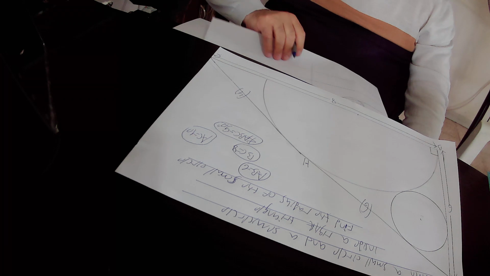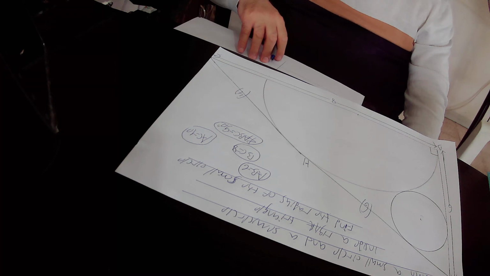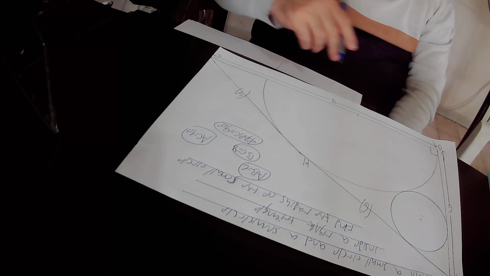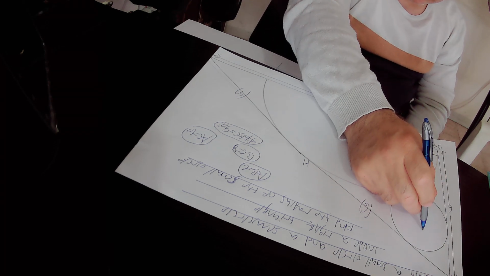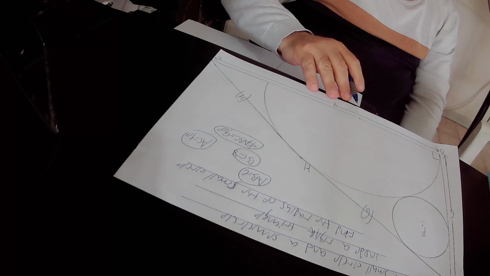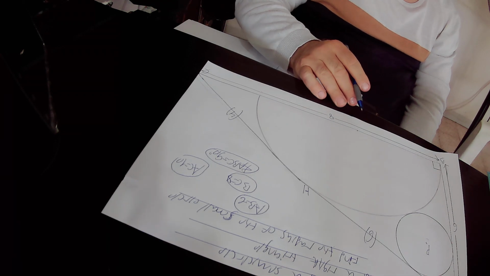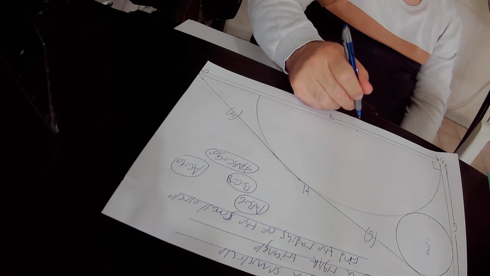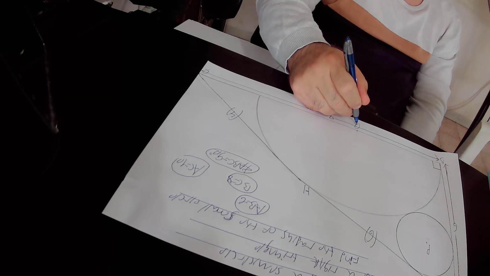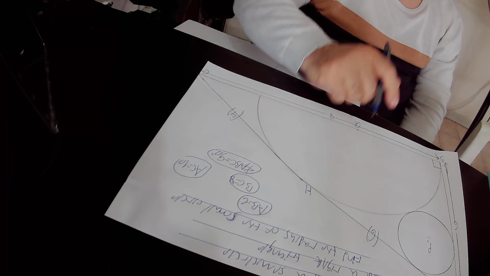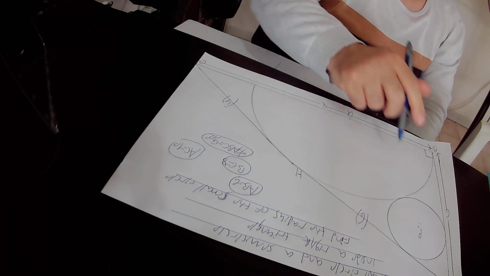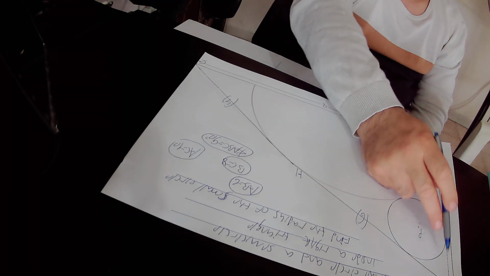In the next step, we define the center of this small circle. This point is point P. We define the center of this semicircle. This point is point Q. We define the point of tangency of this small circle with tangent AB.